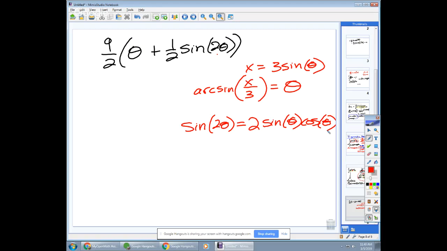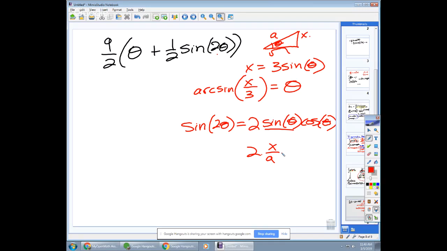Okay. So remember on our triangle, our triangle had a here, had x there, and it had the square root down there. Theta's right here. So according to that triangle, the sine of theta is x over a, opposite over hypotenuse. That's going to give me twice x over a.